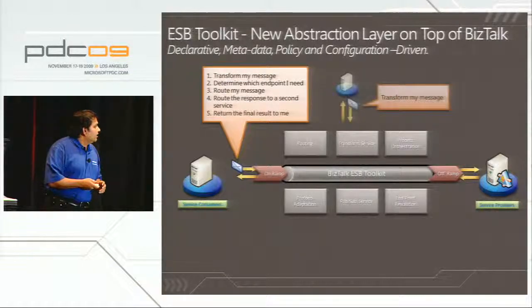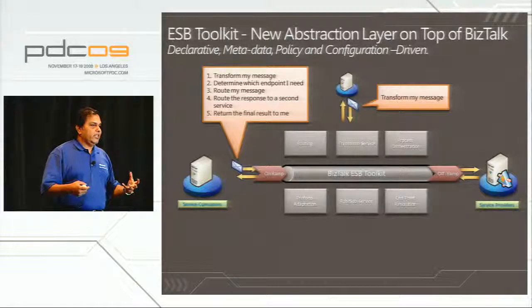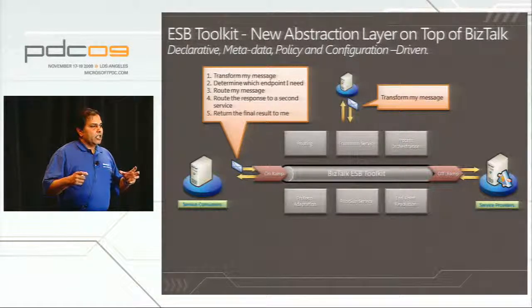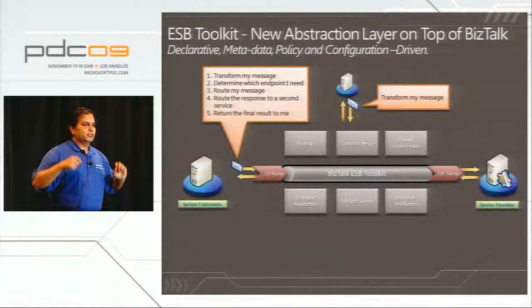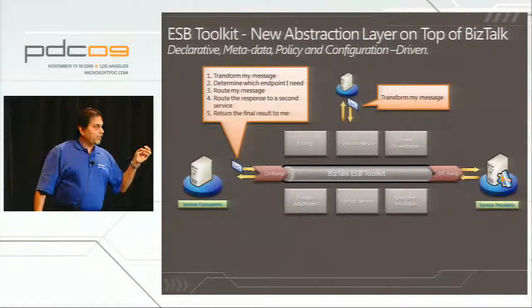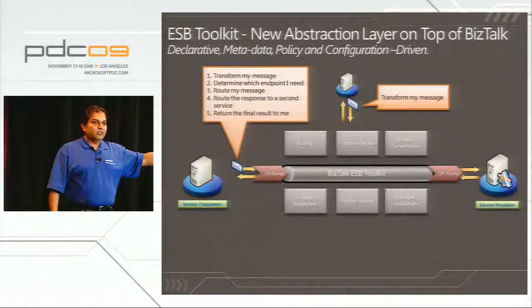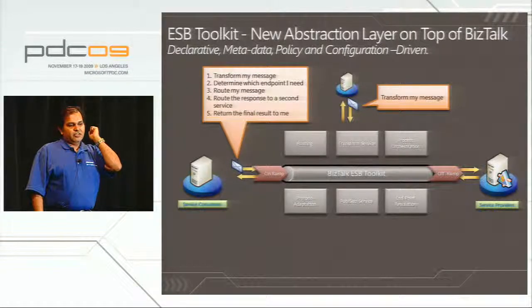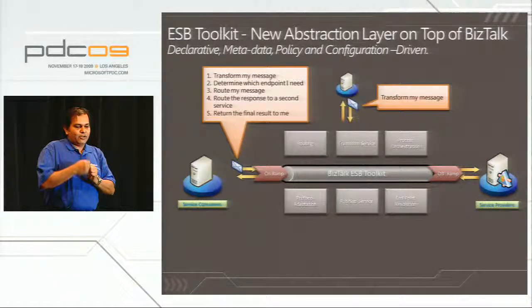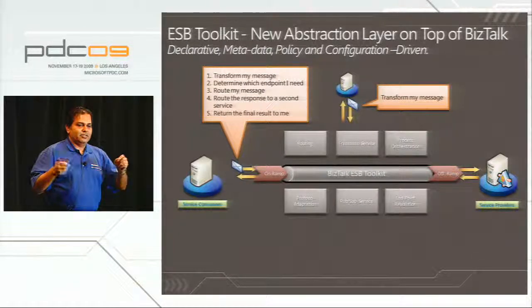All right. One of the other things we have done with ESB Toolkit is expose a lot of BizTalk capabilities directly to an outside client or consumer, things like the transform service. Bala was mentioning the transformation engine in BizTalk. A lot of people want to use it, and right now, if they wanted to use it without using BizTalk, there was no way to do it.